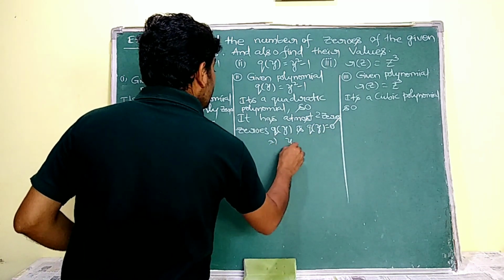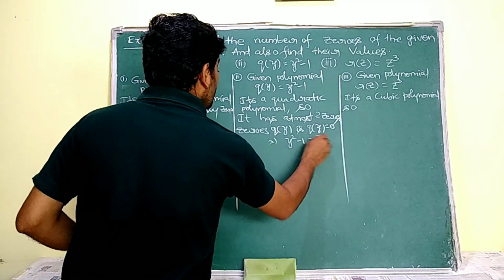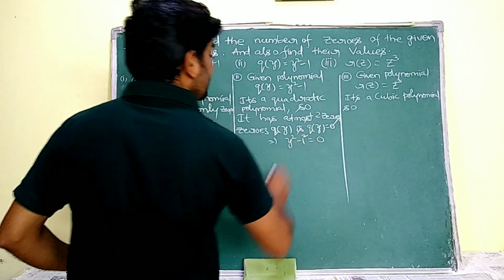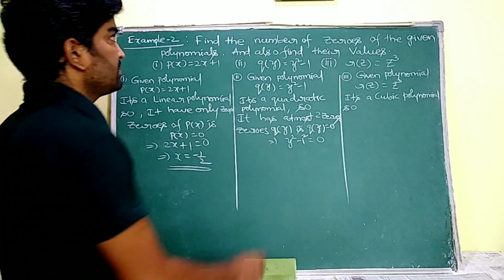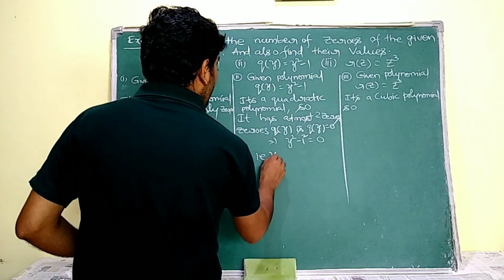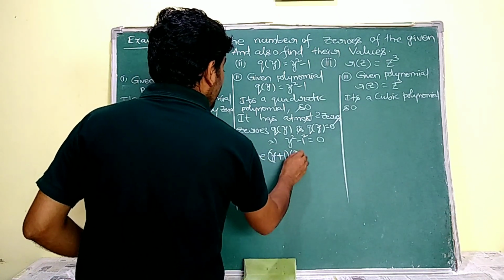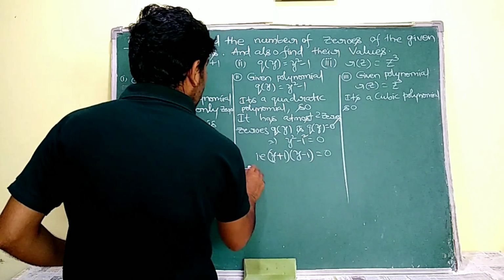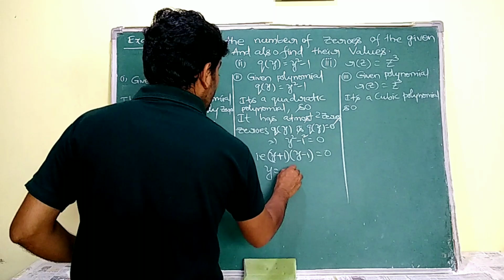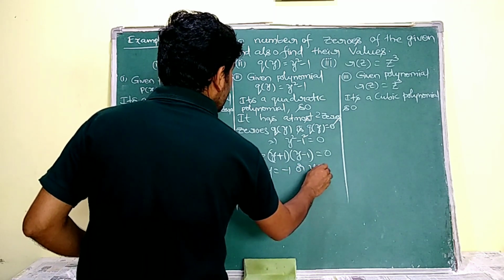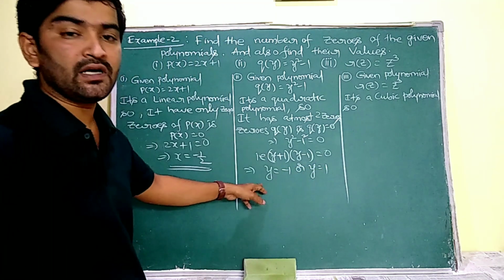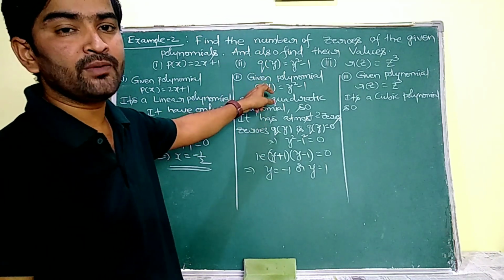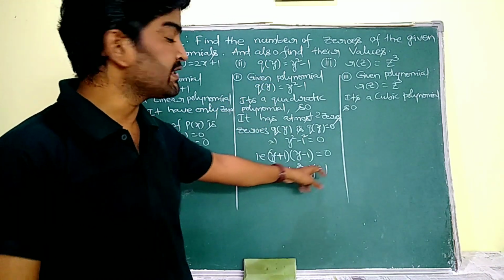So y square minus 1 is equal to 0. Can I write this y square minus 1 as y square minus 1 square? No. That is y plus 1 into y minus 1, because it is in the form of a square minus b square. That implies y is equal to minus 1 or y is equal to 1. So these are the 2 zeros we obtained. Therefore the zeros of polynomial q of y are minus 1, 1.